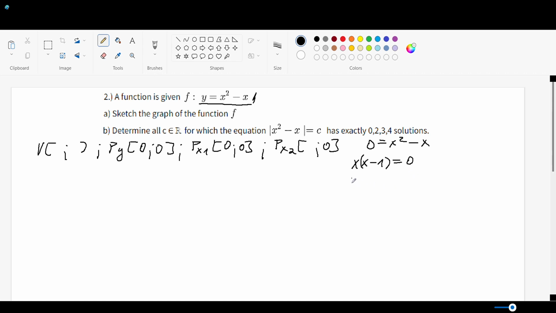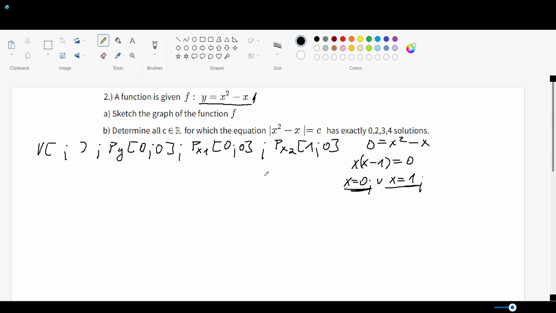So in this case, x is equal to 0, or x minus 1 is equal to 0, which basically means x can be equal to 1. So these are the x coordinates of our intercepts, and as we already know, the first one is solved, and the second one will have the coordinates 1 and 0.